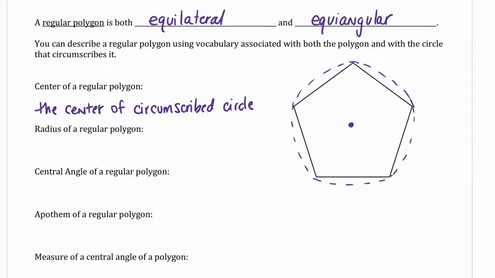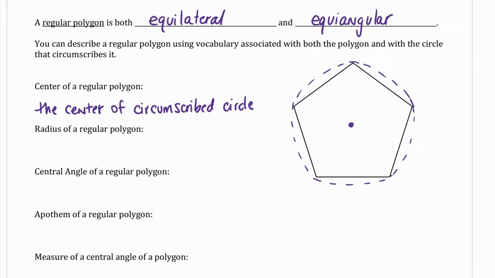If I want the radius of a polygon, we're used to talking about radius with a circle, right? It's the same thing. If I make a radius of this circle, it's also the radius of that polygon. Now, if I make the radius from the center to any point on the circle, I could go outside the polygon. So I want to pick a spot in my polygon where it makes sense.